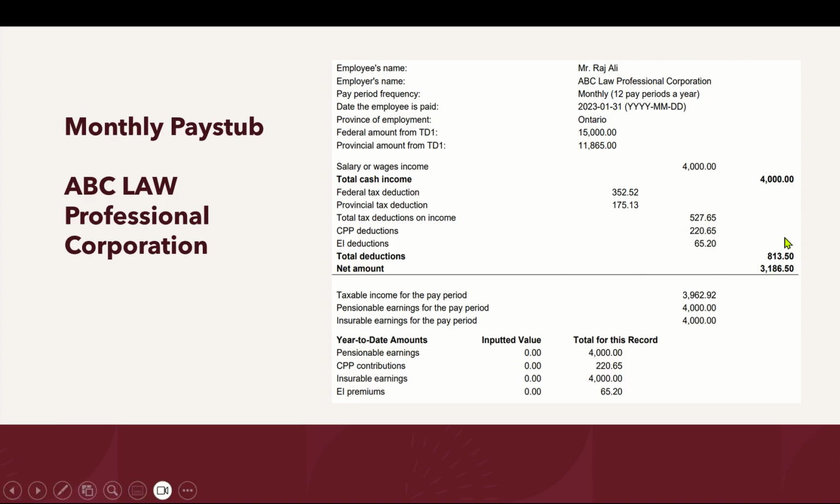This is his pay stub from the ABC Law Professional Corporation, where he is an employee with a non-related, non-associated corporation.